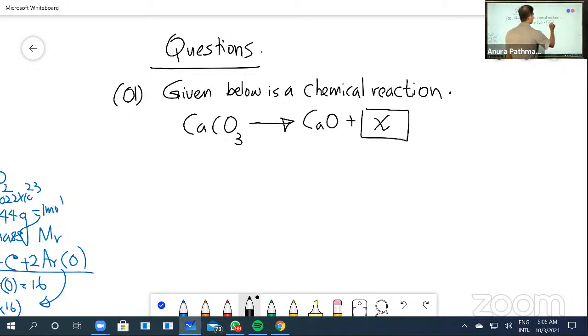Calcium carbonate is heated up, and calcium oxide and X are produced.